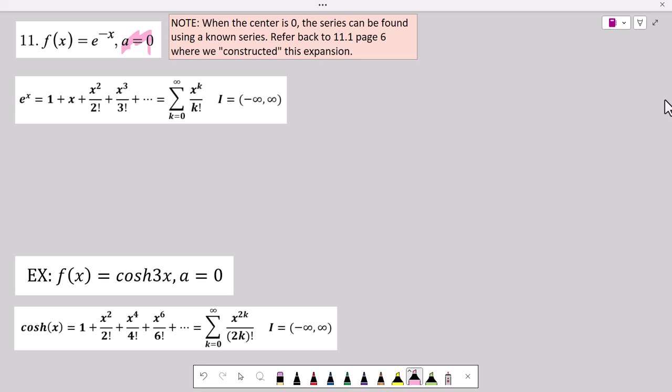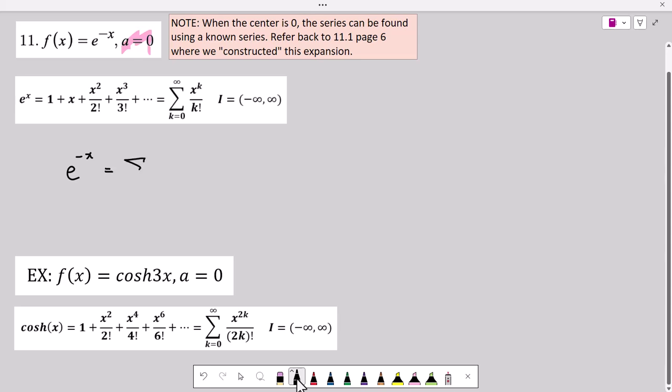e to the x is one you have to know, the sum of x to the k over k factorial. And this one is pretty simple because all we're going to do is make the x into a negative x, right? So we have e to the x here. This is known. If we want a power series for e to the negative x, all we're going to do is replace x with negative x.